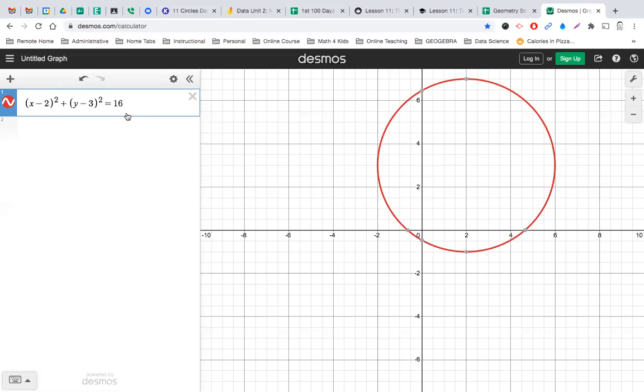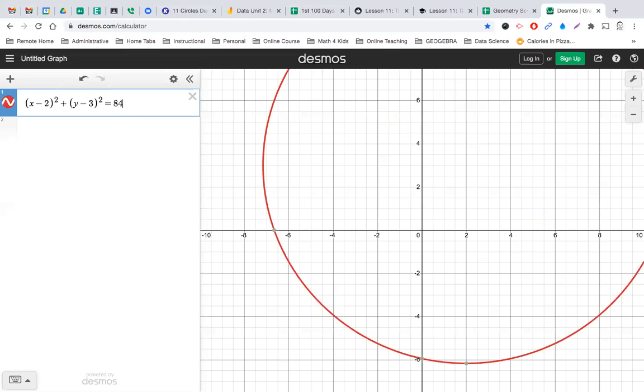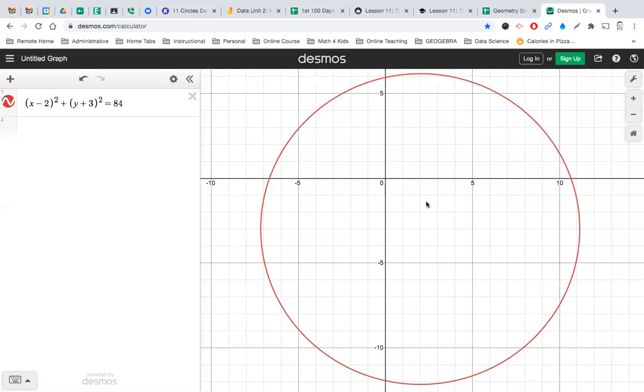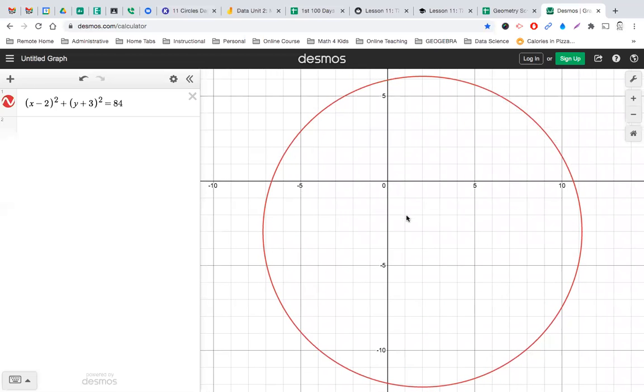Now we could do ones like here's that one that had the radius of 2 radical 21. Let's make one of these. Zoom out a little bit. There we go. So here's one that has a center at, if I click on it, it might actually give me the center too.